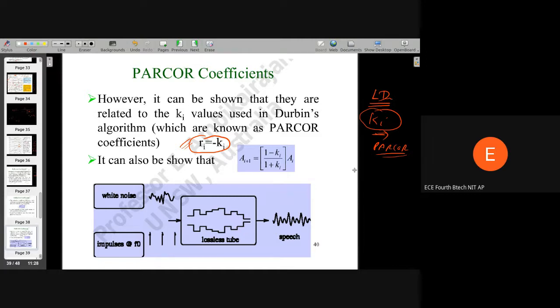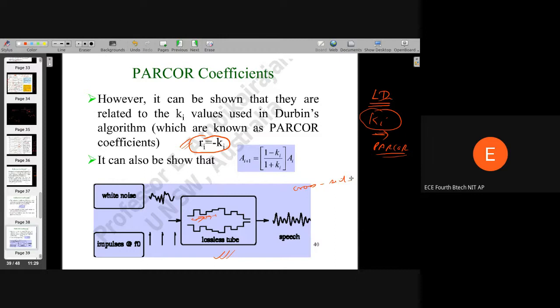So let's see what reflection coefficients actually mean. We model the vocal tract system as concatenated tubes of different cross-sectional areas.